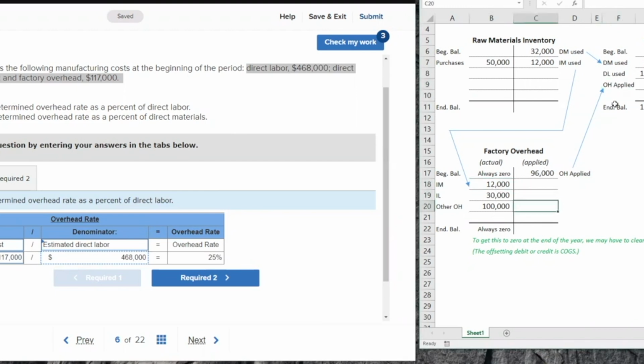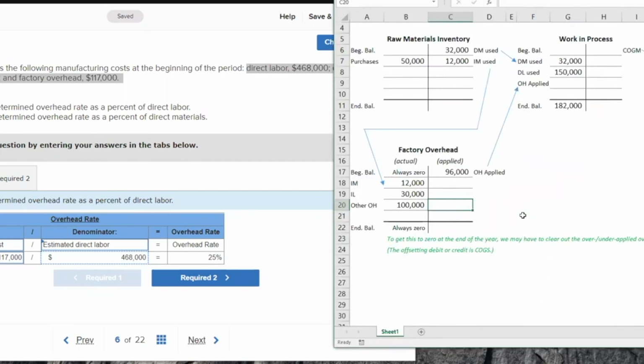And what amount? Well, for every dollar of direct labor used, we'll take 25% of that, take it out of overhead and put it into here.